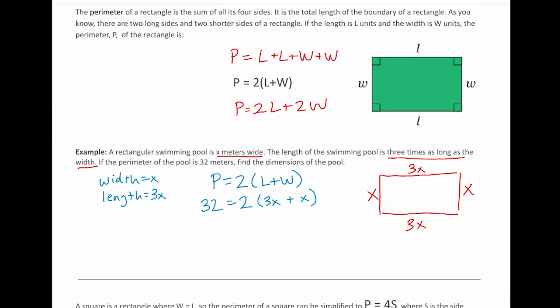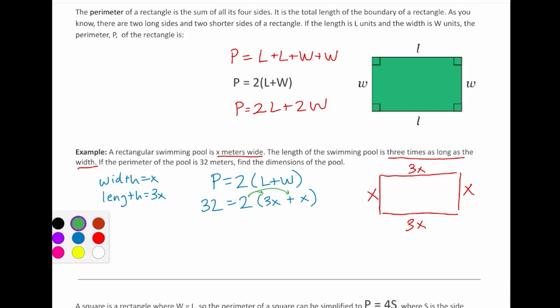What we can do with this equation now is solve for x. Now the question is actually asking for both dimensions. So x is the width. That's going to give us one of the dimensions, but we'll still have to go back and calculate the length once we have the width, although it shouldn't be too hard because the length is just 3 times the width. To solve this equation, first we'll distribute the 2.